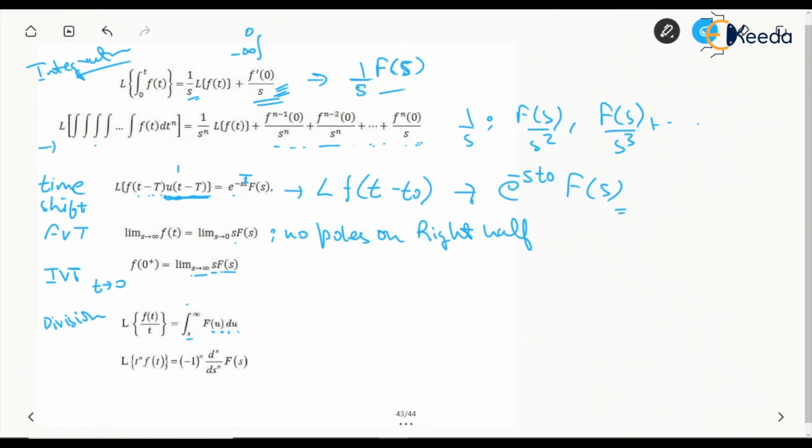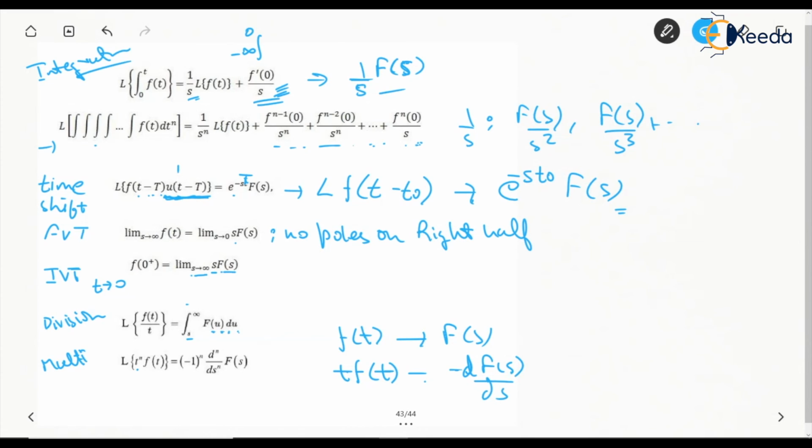And if we are multiplying by a factor of t, then we are going to differentiate. If for f of t we have the Laplace transform as f of s, then for t times f of t we will have minus d f of s by ds.